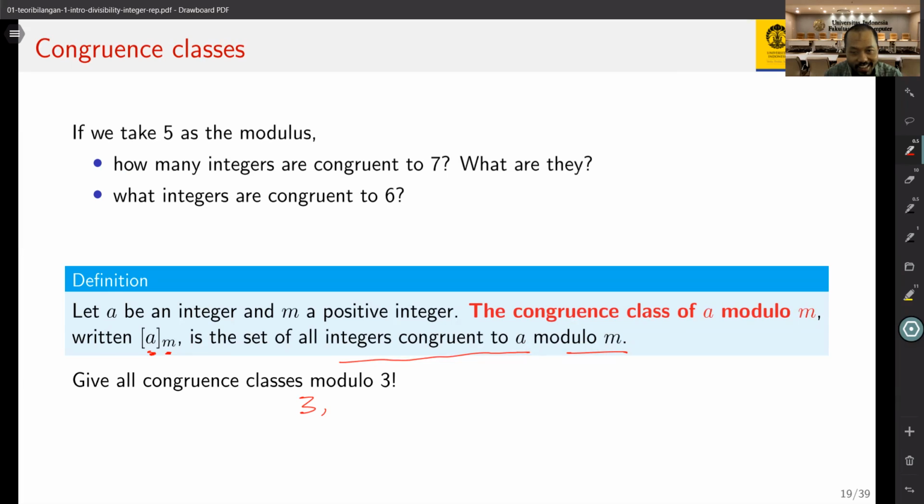Nobody? Hello? 3 is congruent to what, modulo 3? Give an example for this one. Anybody?